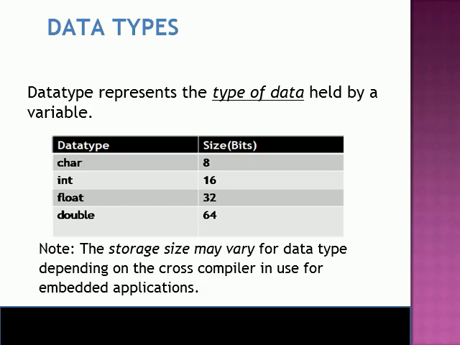Float. The size of a float is 32 bits. That means 4 bytes. And the last one is the double. The size of a double is 64 bits. All these are the data types which we are using in the embedded system.